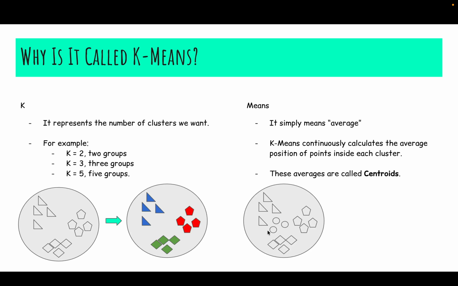Initially we'll have some random centroids, which could be your data points or some random average location. And once you apply k-means, meaning you will be continuously calculating the average, you will form your groups and you will have your centroid for each group. We'll understand this process better once we look into the k-means process.